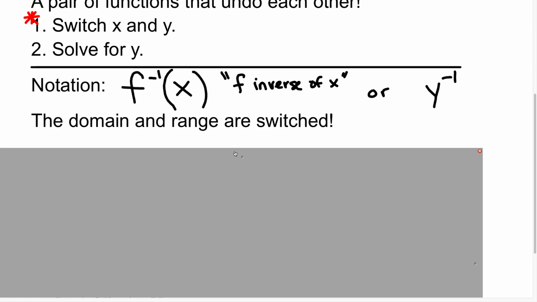Now we have kind of briefly seen this because back in chapters 2 and 3, we graphed parabolas that opened up or down. So there's like y equals x squared.